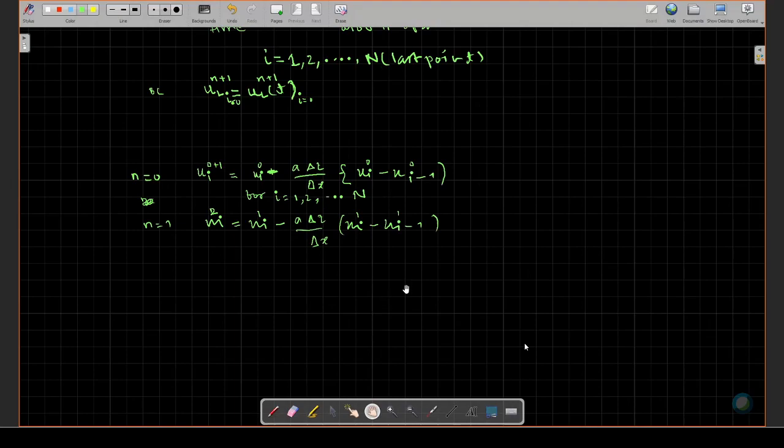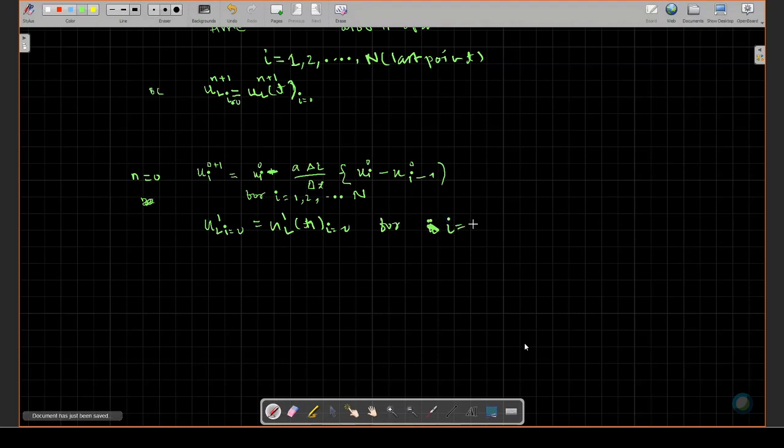For boundary points at n equals 0, what will be the boundary points? u_L at i equals 0 will be whatever the specified value is at the nth level, at n equals 0 and i equals 0, n equals 1. So that value will be specified.